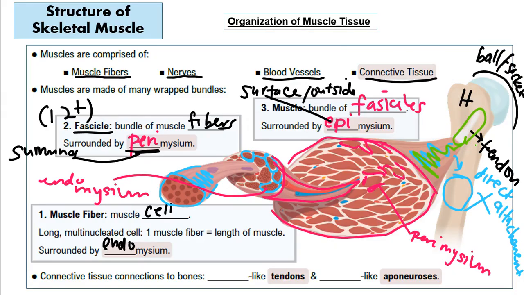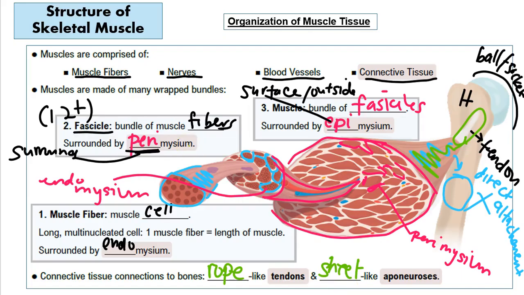A tendon is a connective tissue connection to bones. It's rope-like. This tendon takes all of that epimysium and brings it up to a little connection point to indirectly attach the muscle to the bone itself, here attaching to our humerus. And we also have sheet-like attachments like aponeuroses.